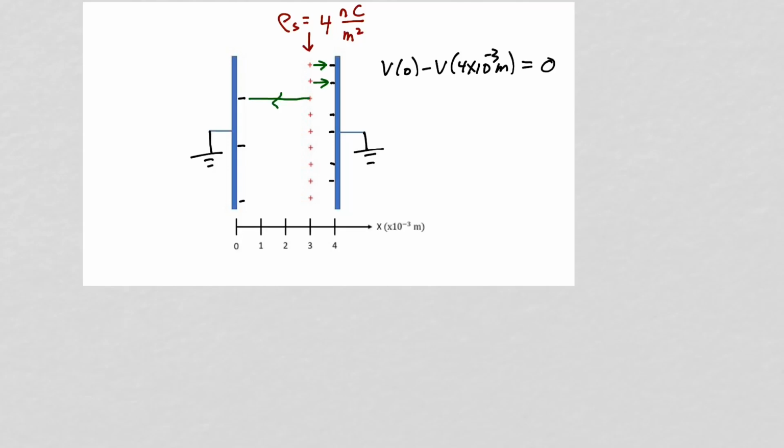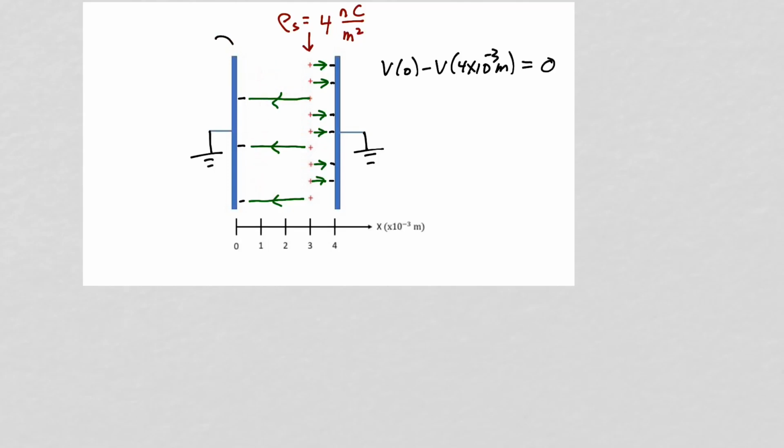So the electric field intensity will be constant and only in the x direction. And the electric field intensity will be larger if we're between the charge and the right plate than if we're between the charge and the left plate.